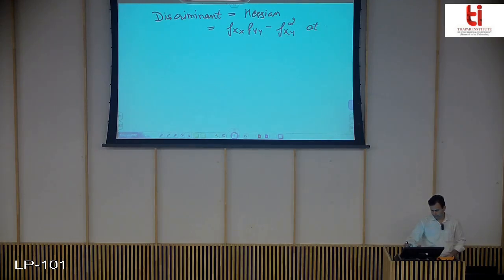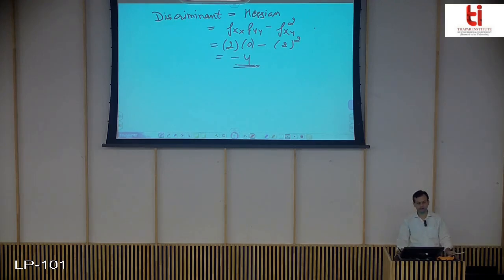So this value comes out to be: the double partial derivative with respect to x is 2, the double derivative with respect to y is 0, fxy is 2, whose whole square gives minus 4. So clearly here the discriminant is less than 0.